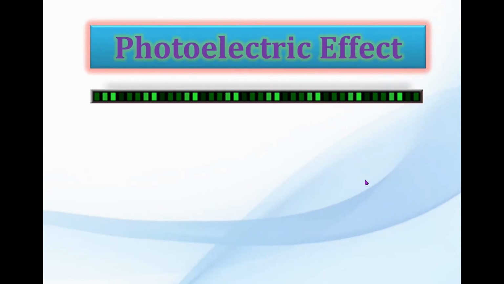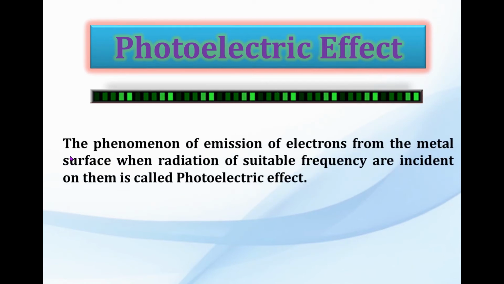Now let's define the photoelectric effect: the phenomenon of emission of electrons from the metal surface when radiation of suitable frequency is incident on it is called the photoelectric effect. I'll explain it.